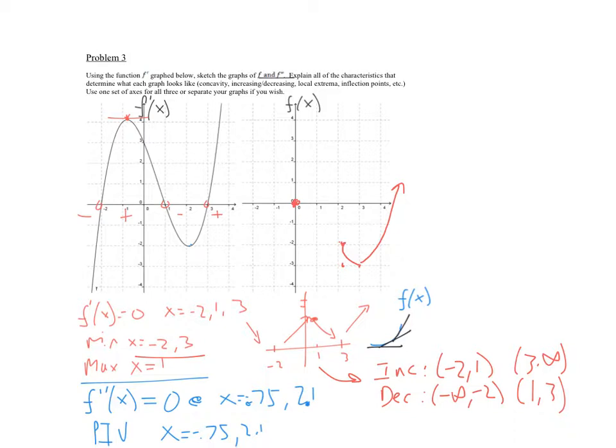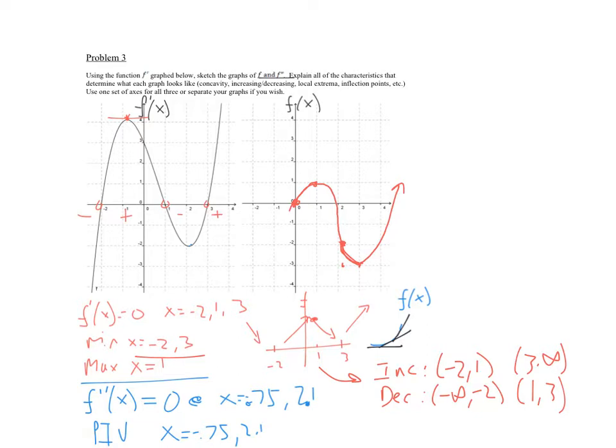Now, by the way, that gives us a little bit of a clue that, let's see, we have a maximum at 1. So, yeah, somewhere up here we've got a maximum. So we're going to be concave down. We're going to come through maybe at about 1.